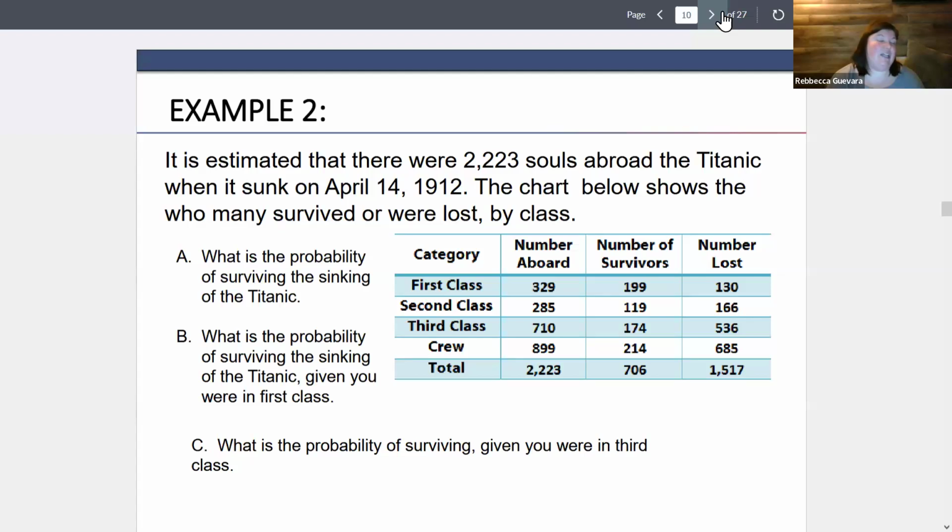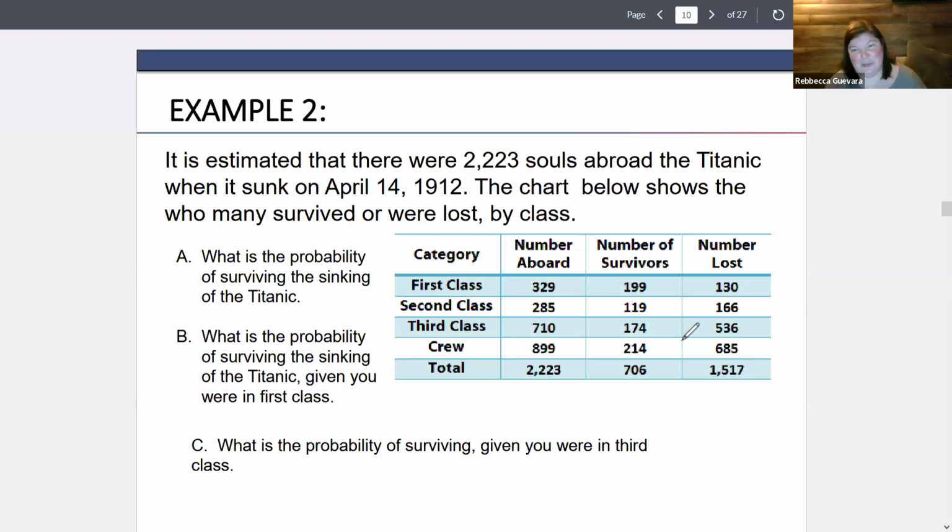We don't know exactly how many people were on that Titanic, but what we can calculate from what we do know is that about 2,223 people were aboard the Titanic when it sunk on April 4th, 1912. The chart below shows how many survived and how many were lost, and it's divided by classes. So we want to know, what is the probability of surviving the sinking of the Titanic?